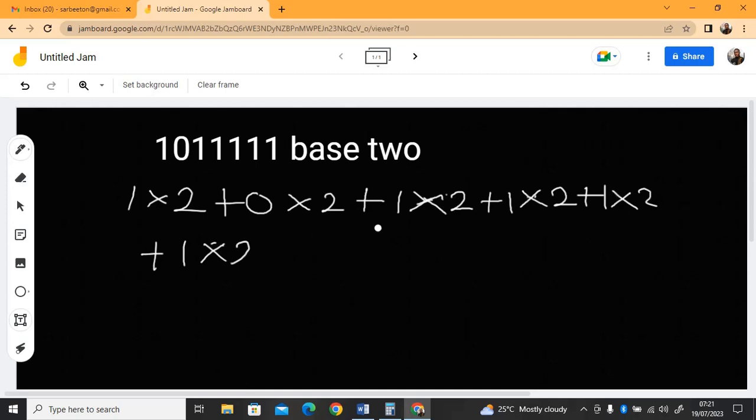I think it's the remaining one, right? Plus 1 times 2. So since you're multiplying each of them, let me clean this. This 2 looks horrible.